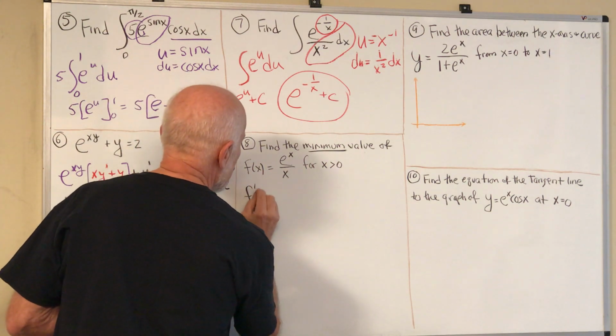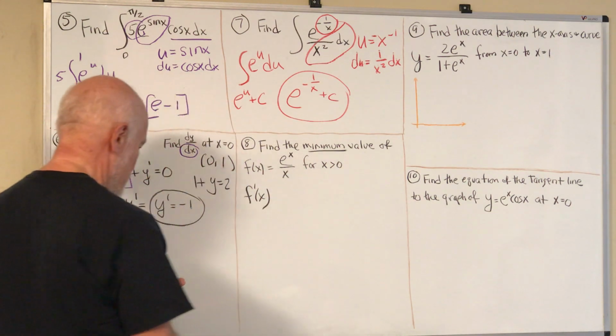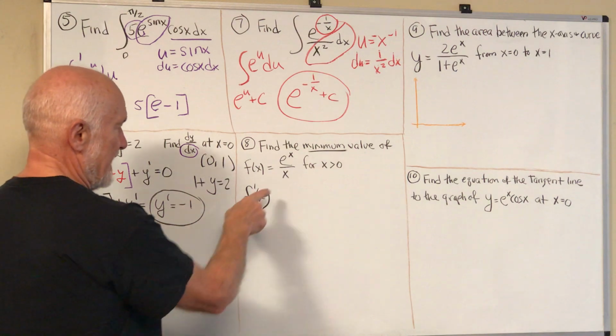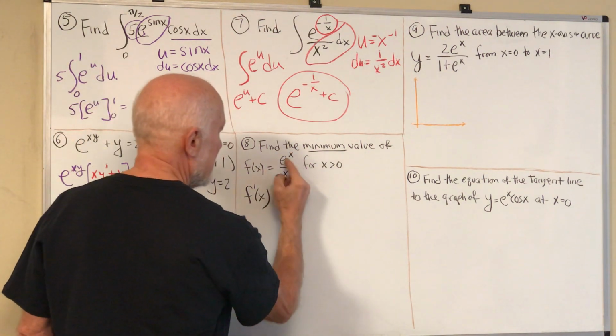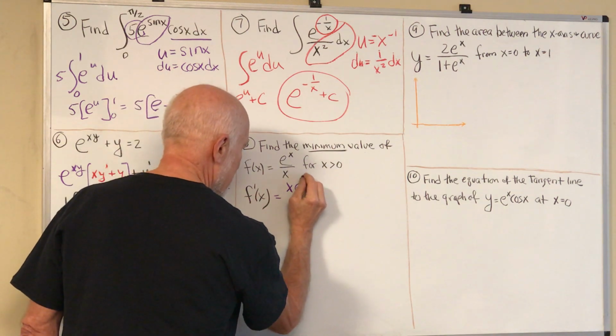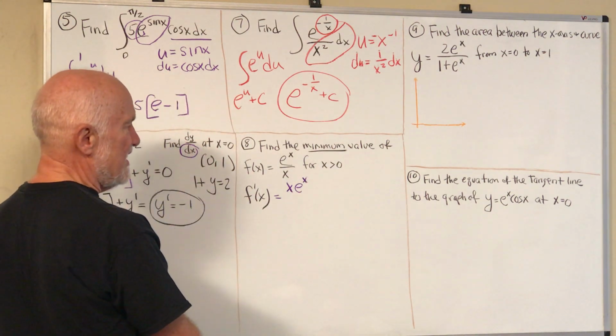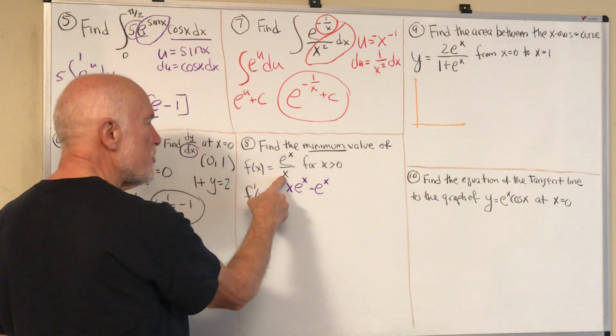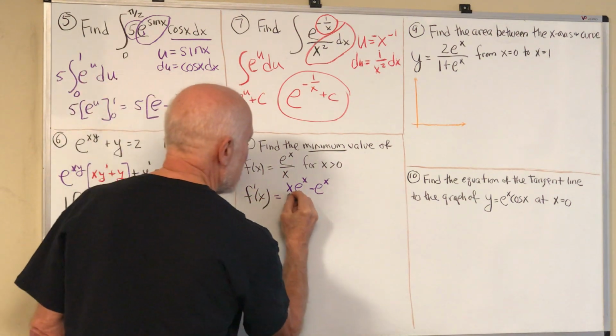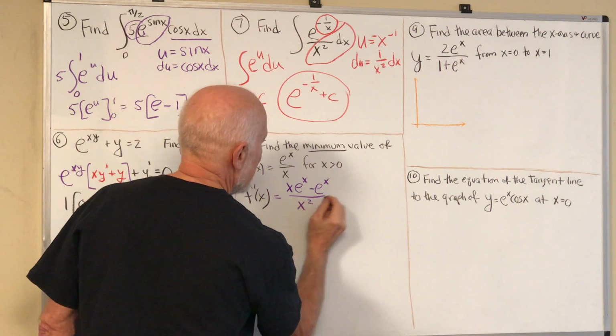So the first thing I have to do is take the derivative. And I've got to do the quotient rule. So I go low, d high, the derivative of e to the x is e to the x, minus high, d low, the derivative of x is 1, all over low squared.